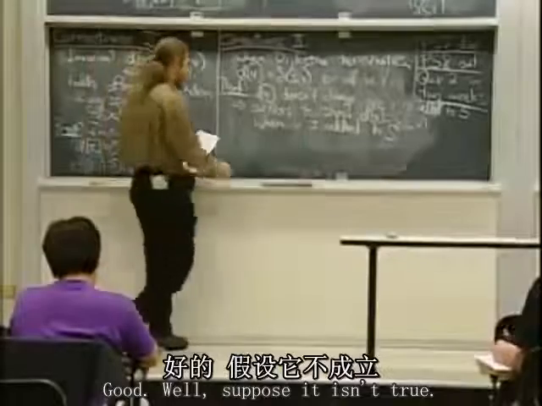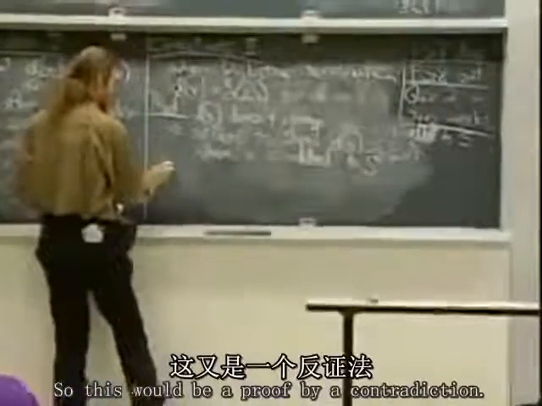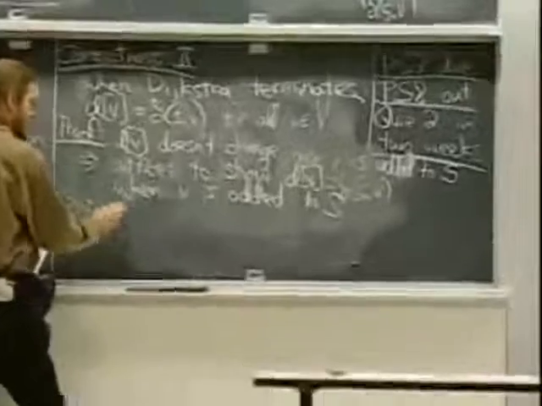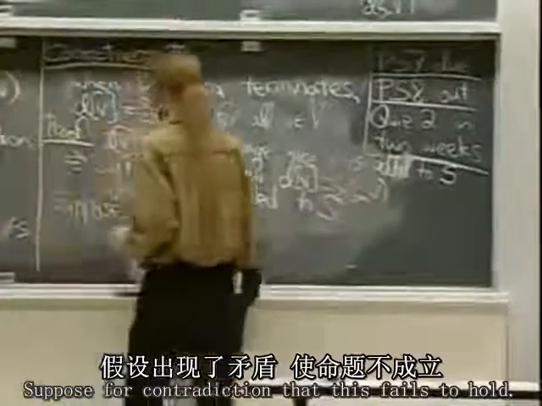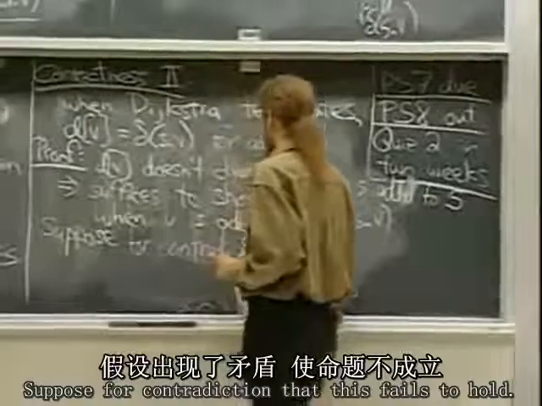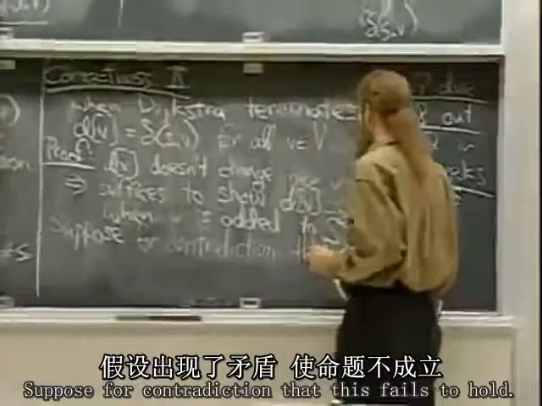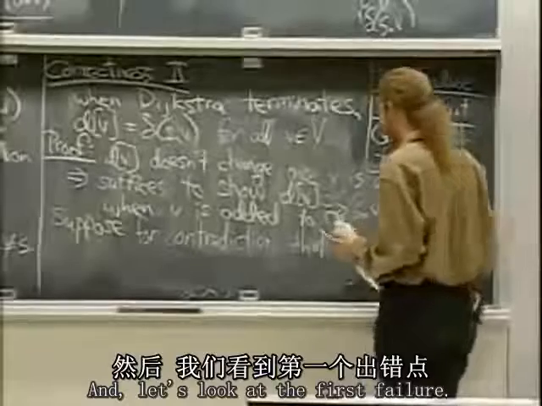Well, suppose it isn't true. So this will be proof by contradiction. Suppose for contradiction that this fails to hold. And let's look at the first failure.